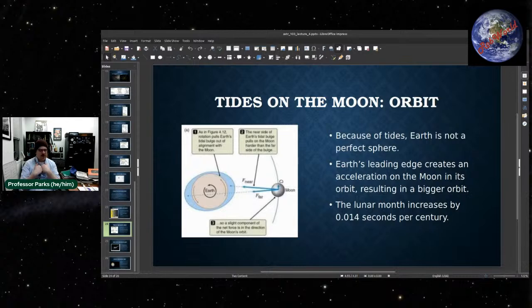If you're on the Earth when this tidal locking completes, you're going to see the Moon hanging in space all the time. It's not going to appear to move. It's just going to be in the same spot all the time.